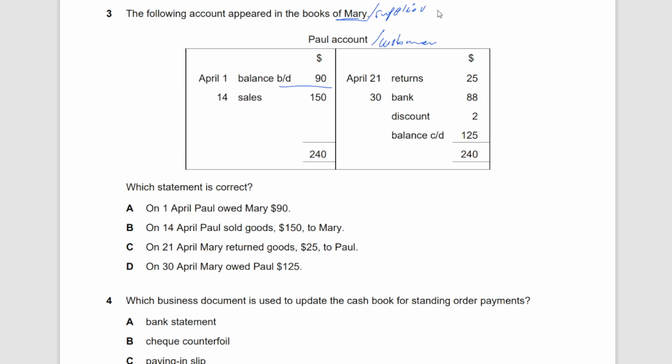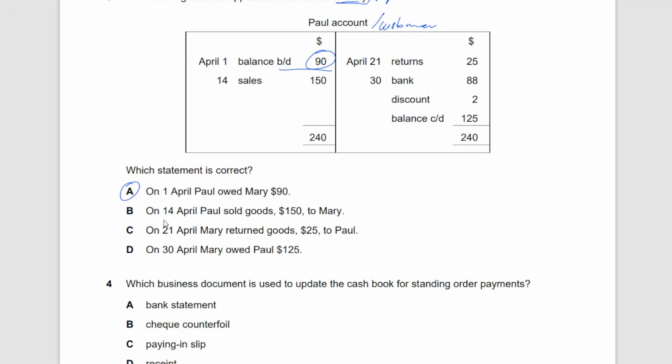Just make sure you understand that relationship. Once you do that, then you will be able to answer this type of question. Which statement is correct? On 1st April, Paul owed Mary $90. Apparently, yes, that's correct. Because Paul, the customer, has a balance of 90, and we're looking at Mary's perspective. Mary has a receivable of 90. So that means Paul owes Mary, right?